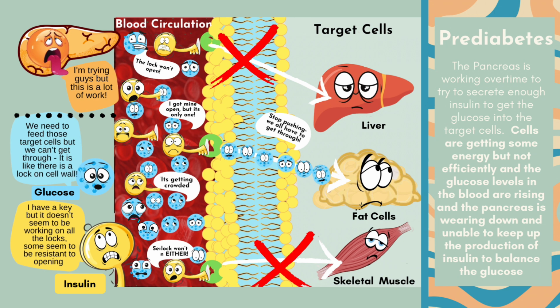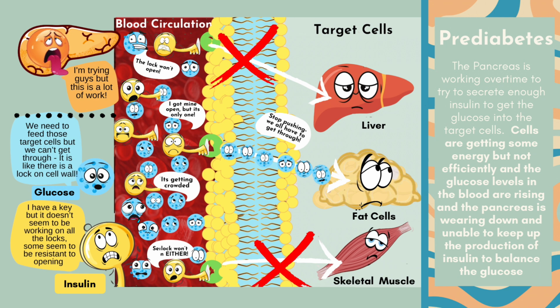The insulin is doing enough of a job so that target cells are getting some glucose. However, they are not doing as good as they could. And why? Because this little guy up here, this poor pancreas, is working so hard, making so much insulin, putting out those keys to unlock that cell wall for the transport of the glucose into those target cells, but it's just not working.